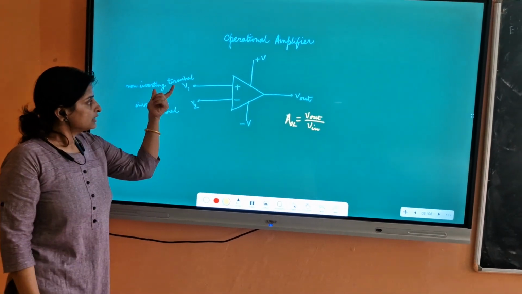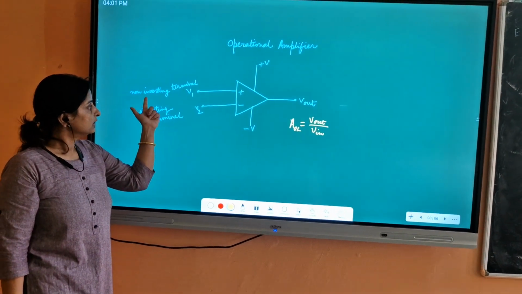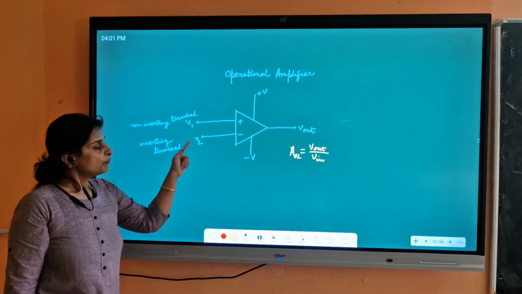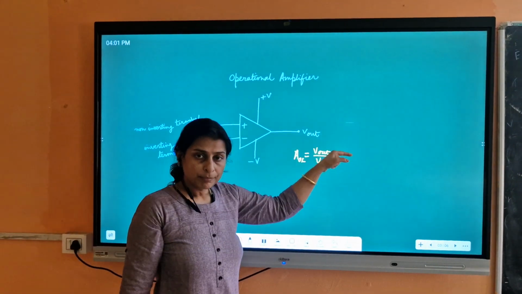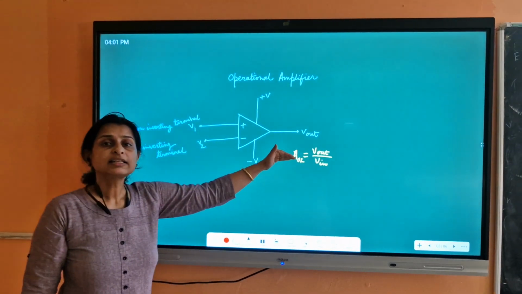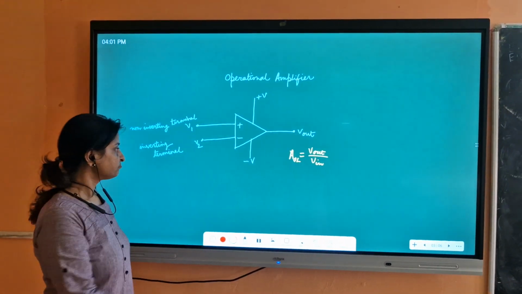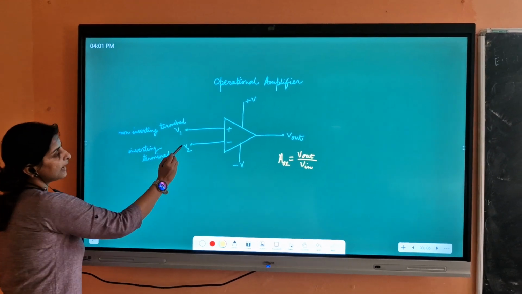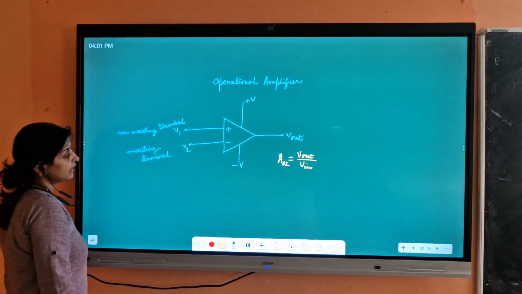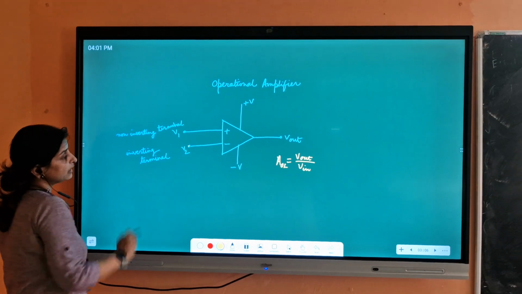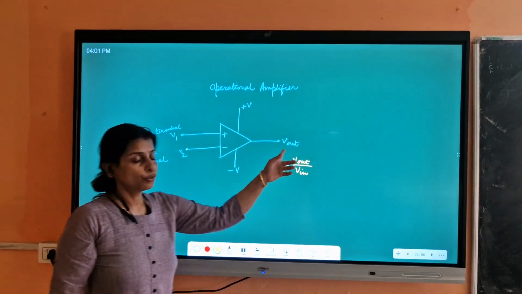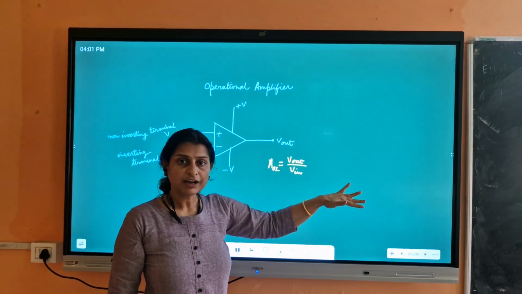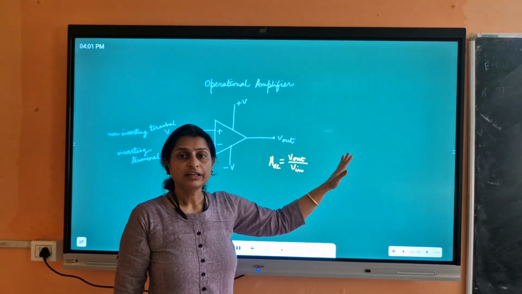So if you apply voltage at the non-inverting terminal and ground the inverting terminal, the output will be amplified and it will be in the same phase. But if you ground the non-inverting terminal and apply the input voltage at the inverting terminal, the output voltage will be amplified but it will be inverted, or there will be a 180-degree phase shift.